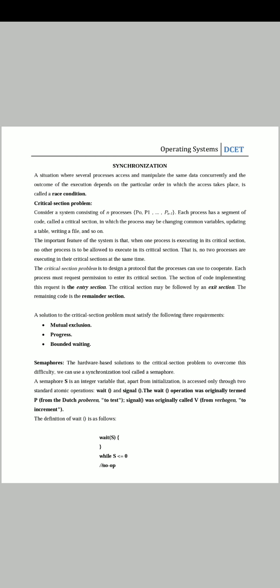It means that multiple processes can simultaneously access the same data and try to modify it. In this scenario, the particular order in which the access takes place is called a race condition. It means that every process is trying to access the particular data to access and modify it. That situation we call a race condition.